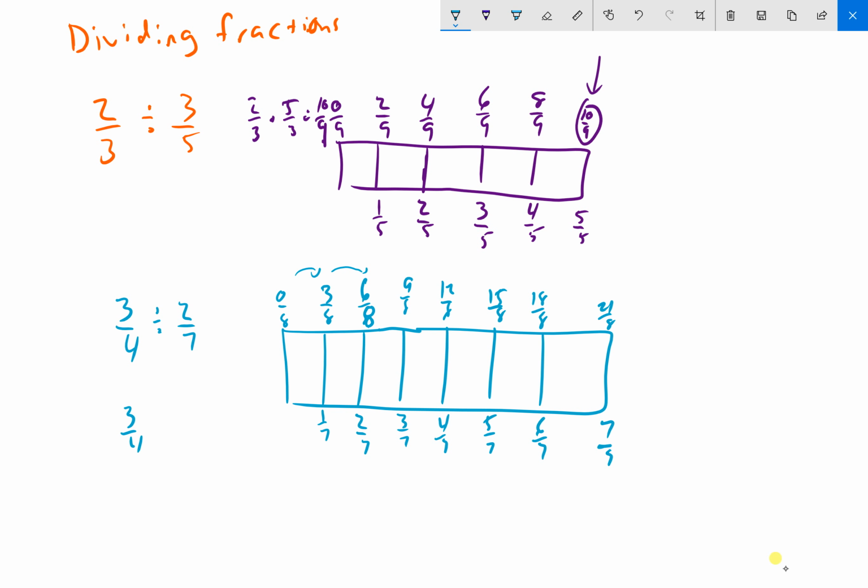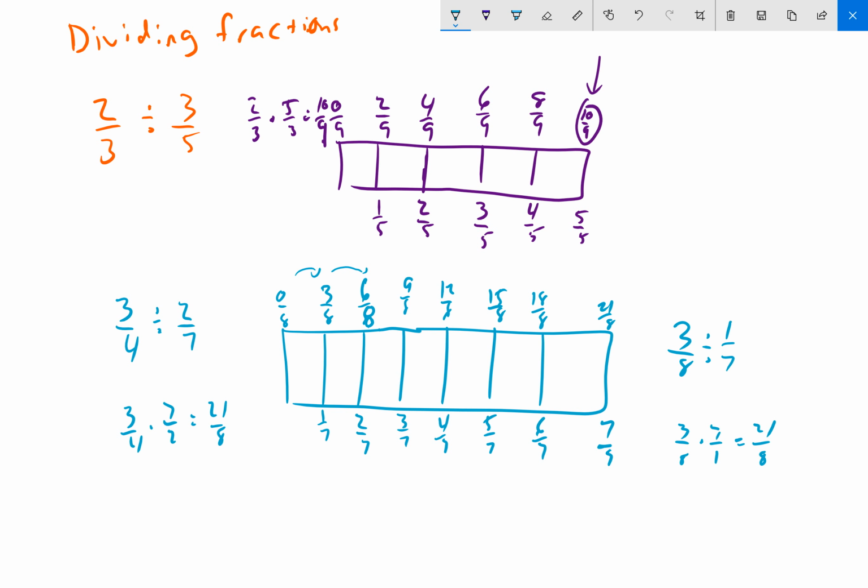And 3/4 times 7/2 equals 21/8. And that's kind of neat. And by the way, all of these are equivalent. 3/8 divided by 1/7 would be 3/8 times 7/1, which is 21/8.